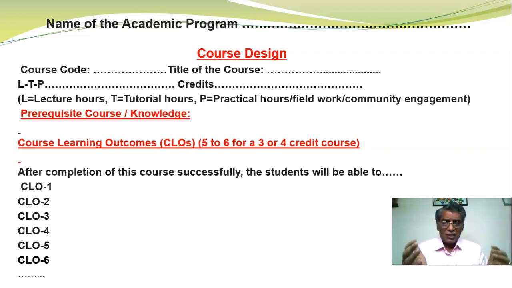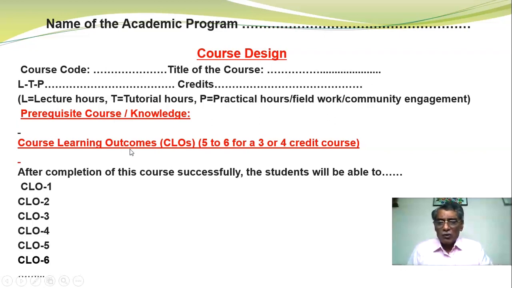In BSc or BA, their knowledge in plus 2 is the prerequisite knowledge. So 4 or 5 sentences, some basic concepts they must have learned in order to understand this particular course. Right? You can mention that. Don't leave it blank. To understand any course, prerequisite knowledge is very, very important.